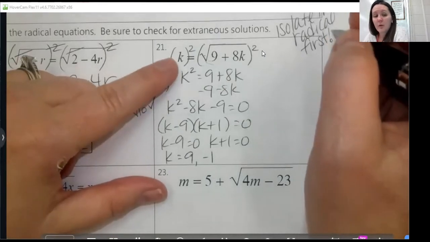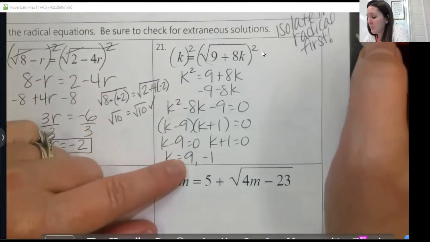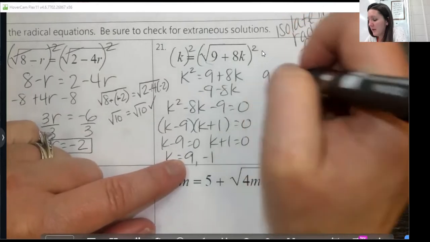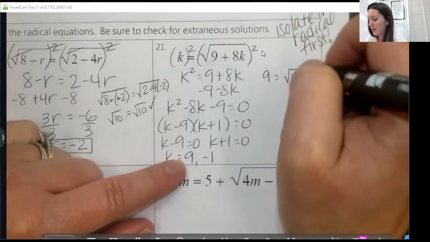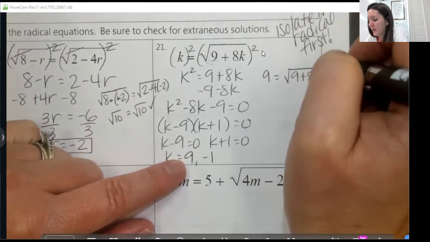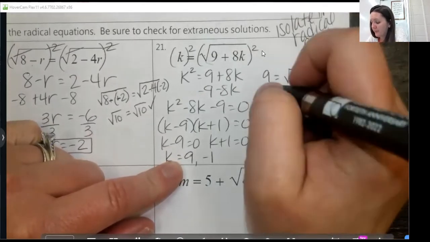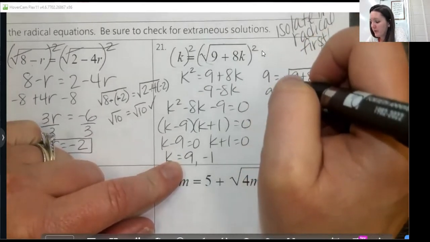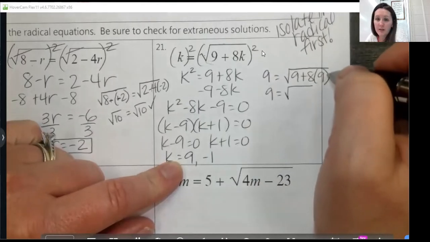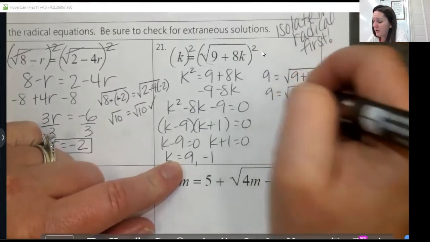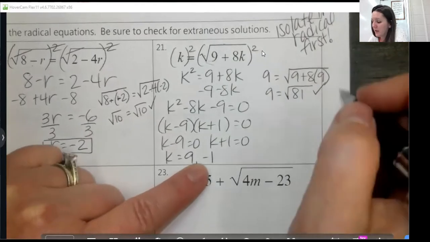So I'm going to plug the values back into my original equation. So we have 9 equals the square root of 9 plus 8 times 9. So let's see if this is right. Square root, 8 times 9 is 72, plus 9 is 81. So that's correct. Okay, let's look at negative 1.